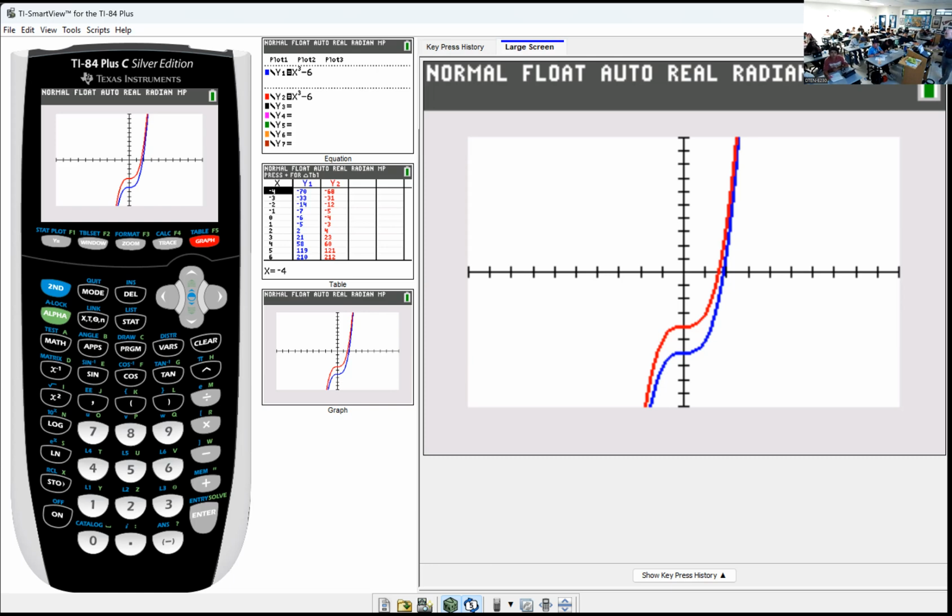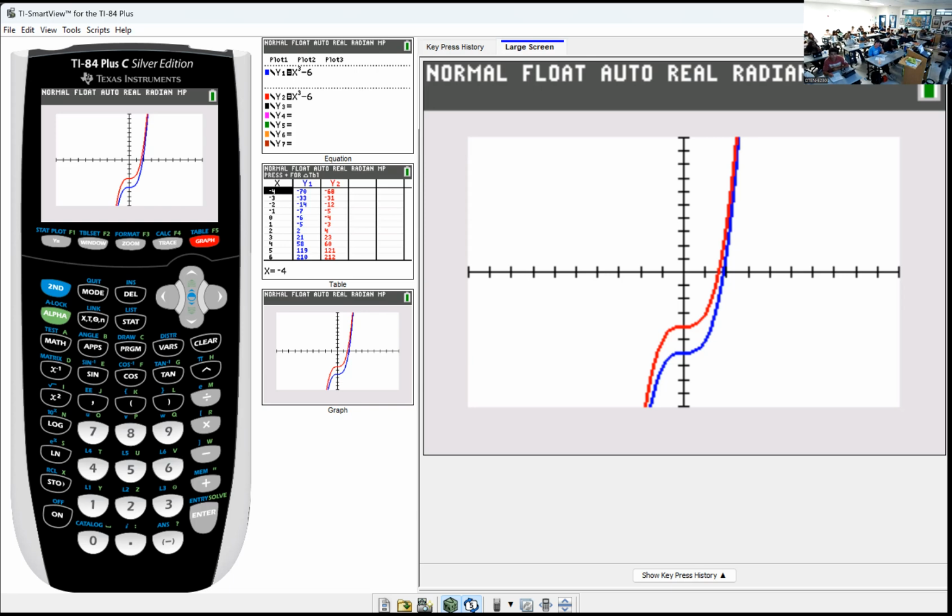Oops, I hit the wrong button there. And now if I graph this, if I click graph, that would help.